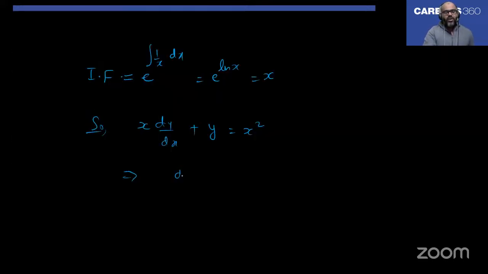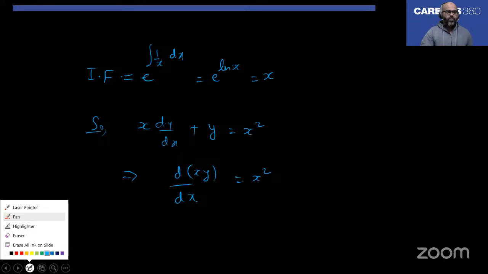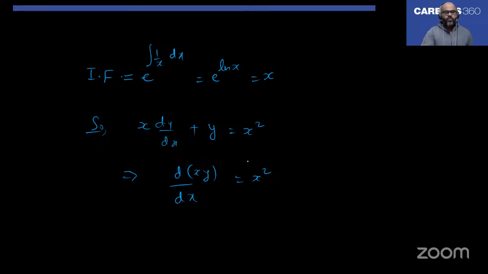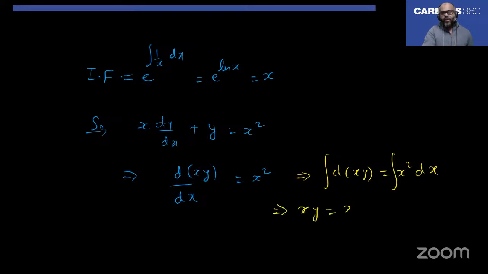Now this is derivative of x into y with respect to x, which is equal to x square. Now we write it as derivative of xy is equal to x square dx. And we integrate both the sides, what we get, xy is equal to x cubed by 3 plus c. So this is what we are getting here.